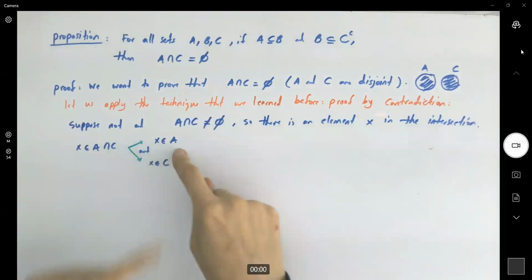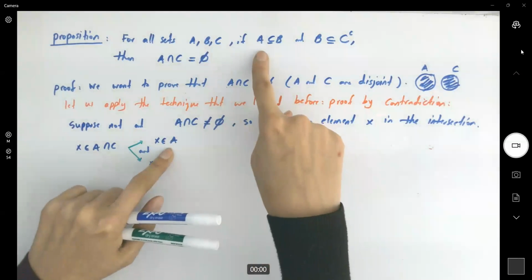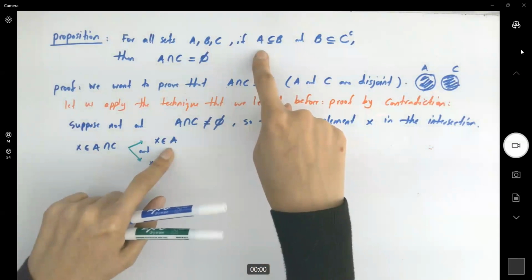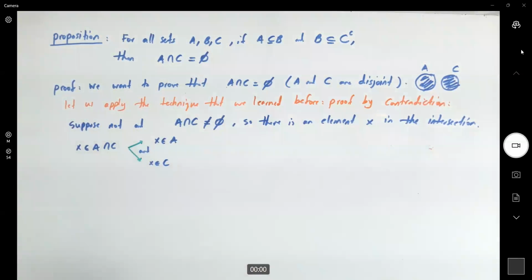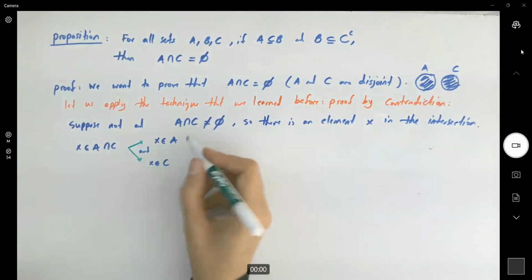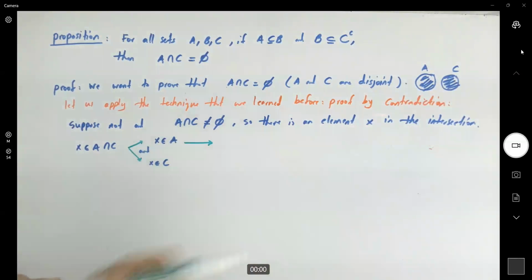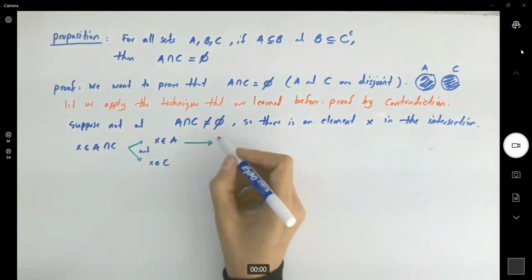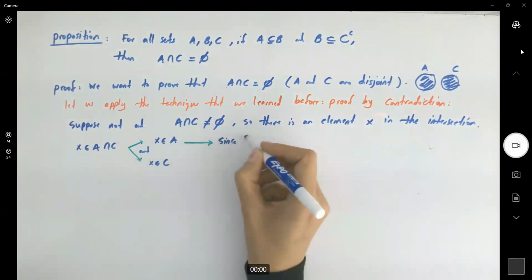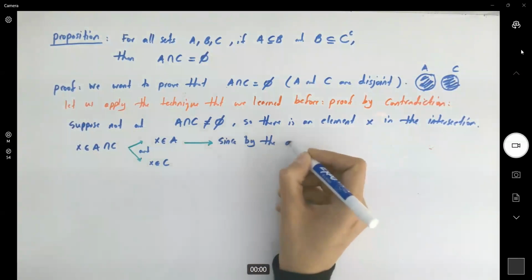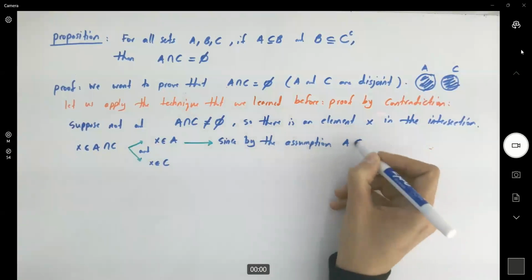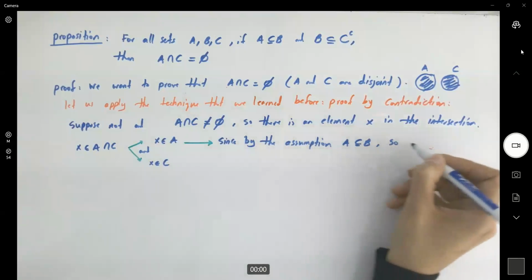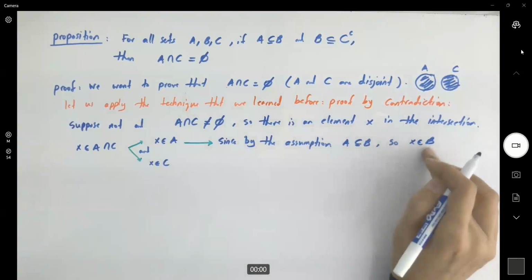Since X belongs to A, and by the assumption A is a subset of B, X lands in B as well. So, since by the assumption A is a subset of B, X belongs to B as well.